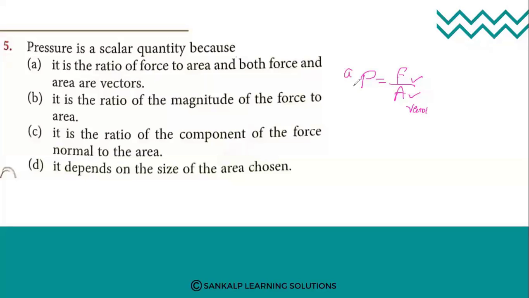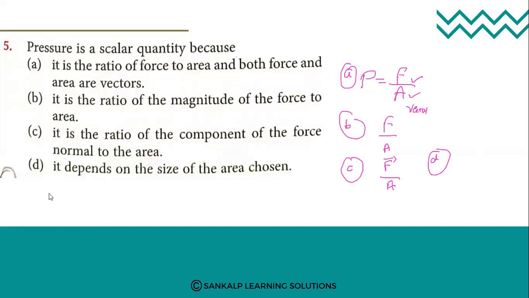Next, option B: it is the ratio of the magnitude of the force to the area. Option C: it is the ratio of the component of the force normal to the area. Option D: it depends on the size of the area chosen.